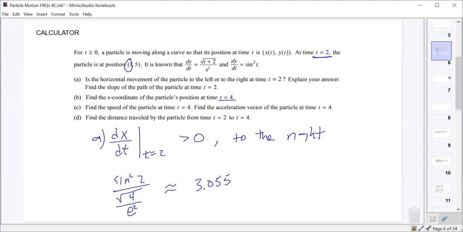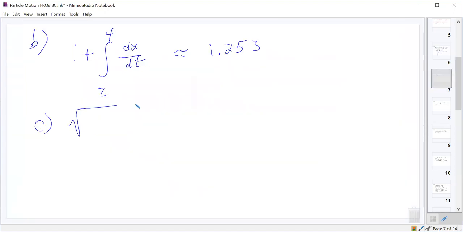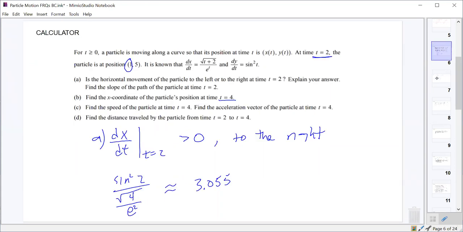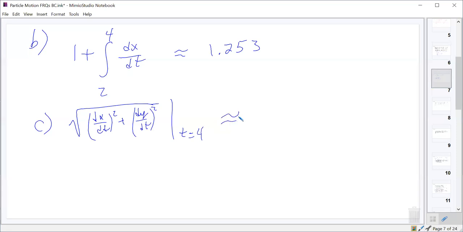Part C, find the speed at t equals 4. So once again, speed is just the square root of dx/dt squared plus dy/dt squared, evaluated at t equals 4. And what did that come out to be? Everybody agree with that? 0.575?